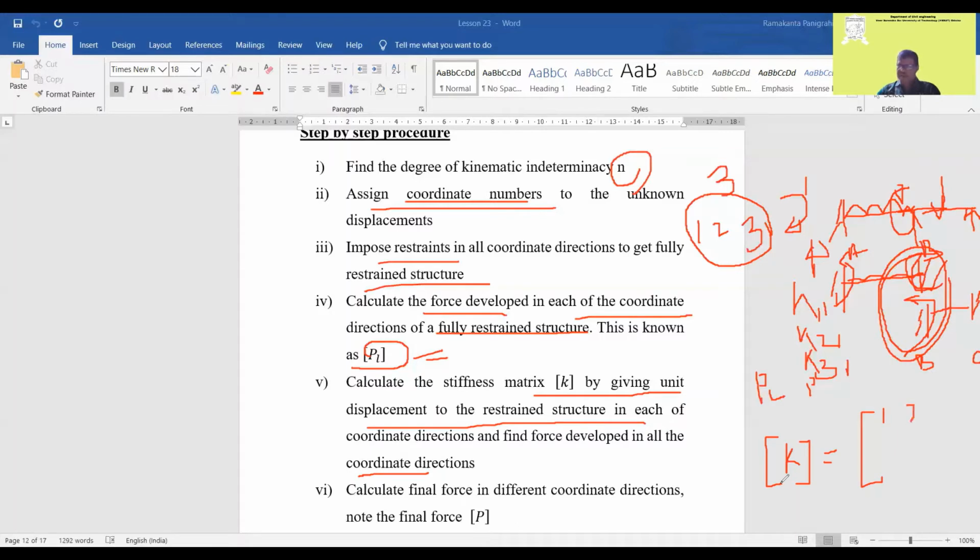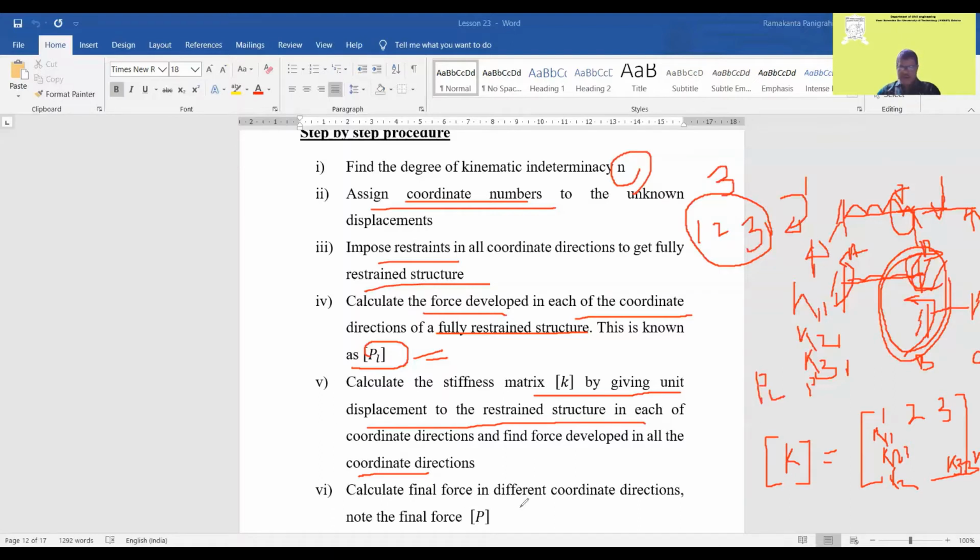Then give a displacement at 2, maybe it may be a rotation, it may be a displacement, and find out K12, K22, K32. Also give 3 and find K13. So this is how we'll develop the K matrix: K11, K21, K31, right? Similarly, you can find up to K33. These are the 3 kinematic indeterminates, or 3 unknowns.